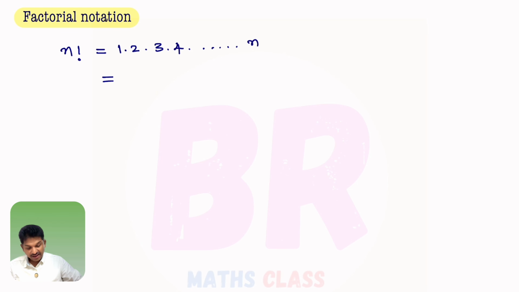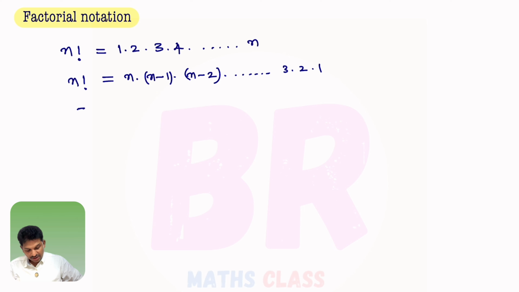The same thing you can write in reverse order, as it is a product: n into n minus 1 into n minus 2 and so on, 3 into 2 into 1. Both are the same.